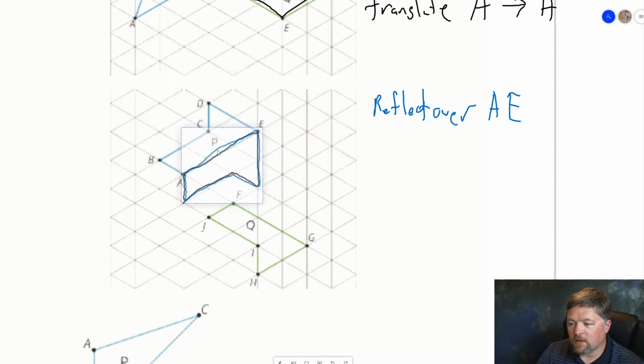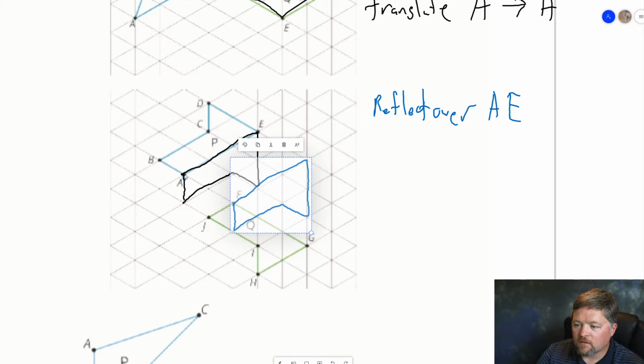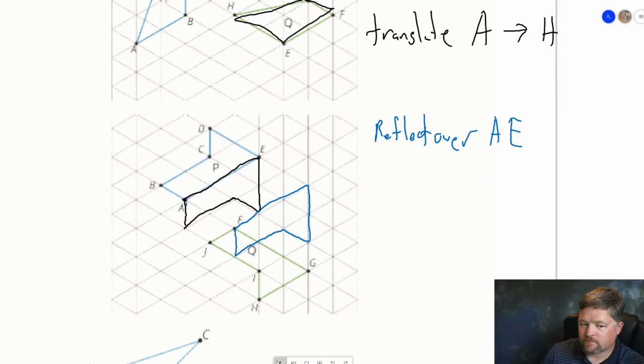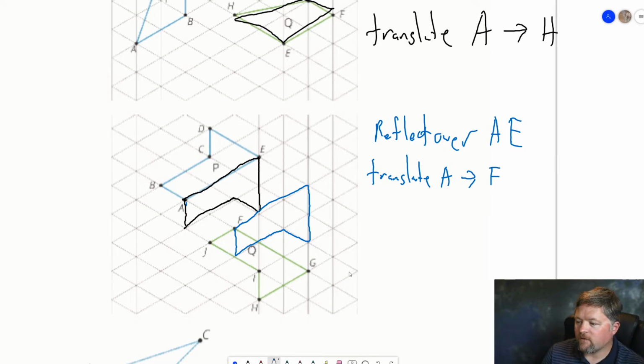If I take point A, which is this one, and I translate from point A to point F, well, this figure on the black one, this point corresponds to this point on the green one. So translate from A to F.